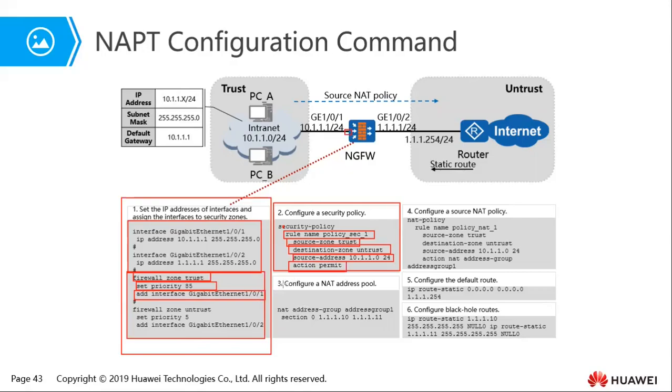After doing that, step number 3, we can create a NAT address pool. The command to do that is nat address-group, then you give it a name like address group 1, then you specify the range. After that, we configure the source NAT policy.